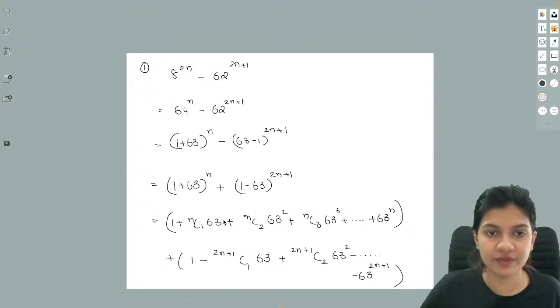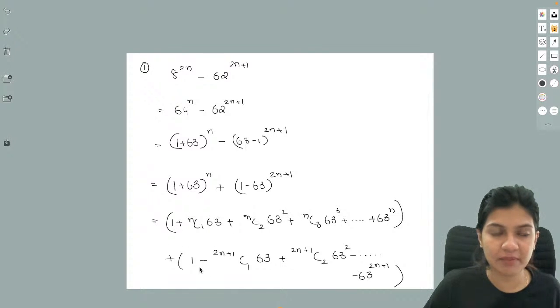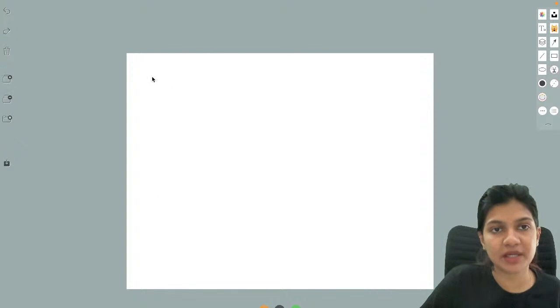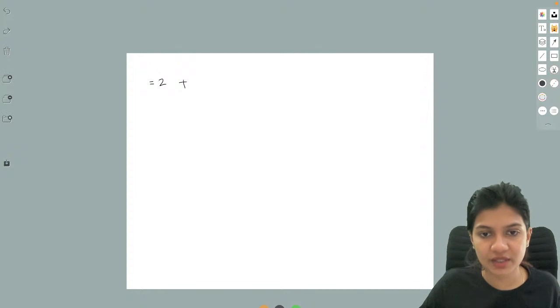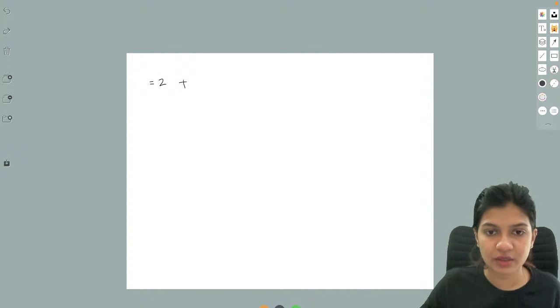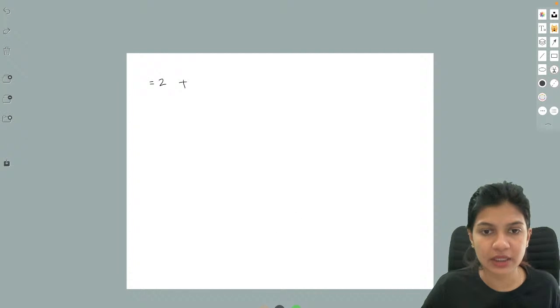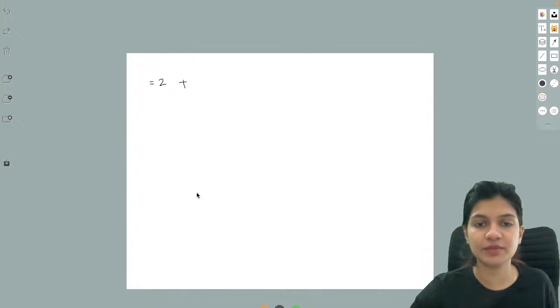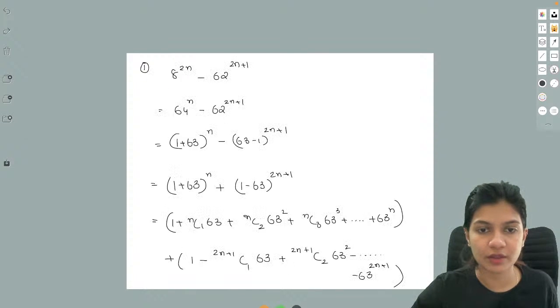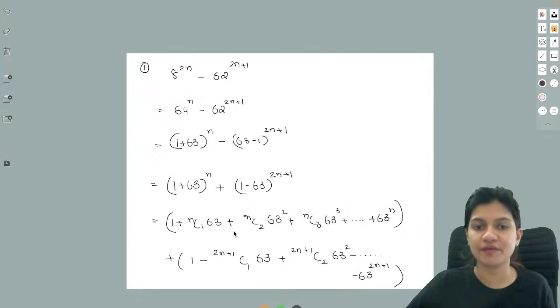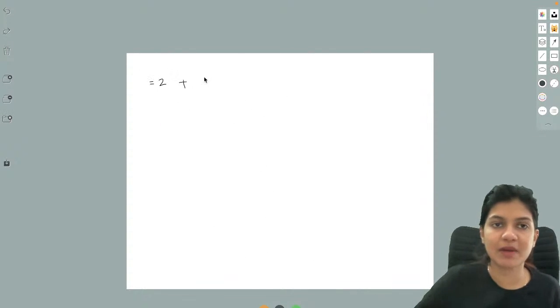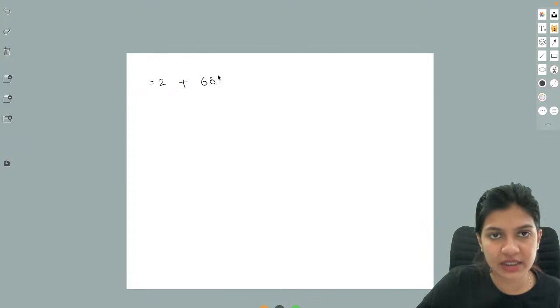Now if you observe these two, this 1 plus 1 will become 2. The rest of the terms, if you observe, are just multiples of 63, so we can write 63k.